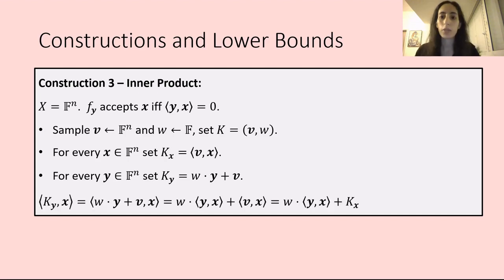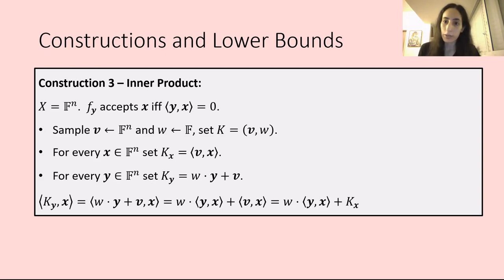So let's see what happens when I try to reconstruct k sub x. Suppose that I have the key for y, k sub y, and now I take the inner product of k sub y with x. So I will end up with the inner product of v and x, which is exactly k sub x, the value that I'm trying to learn. But then it is masked with the additional field element that is determined by w multiplied by the inner product of y and x.